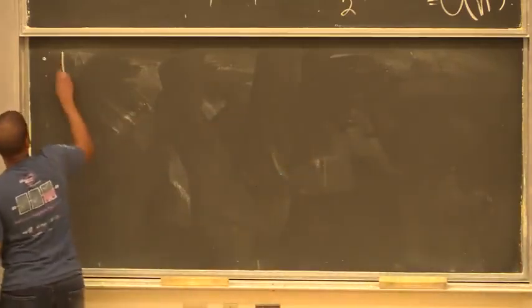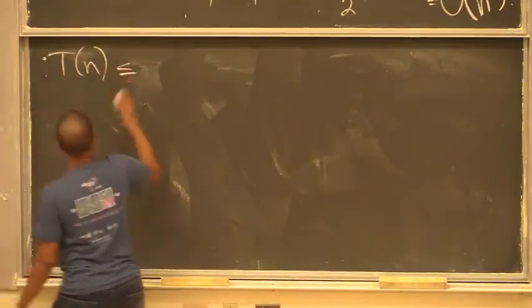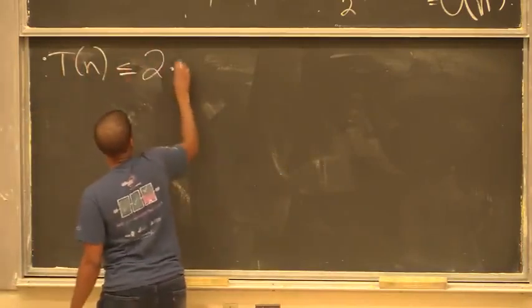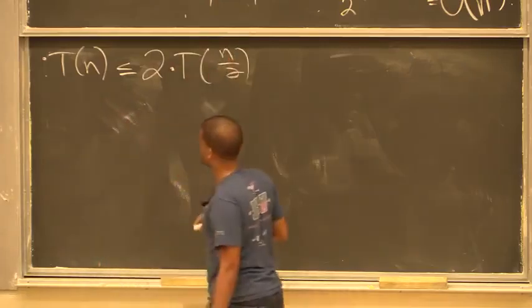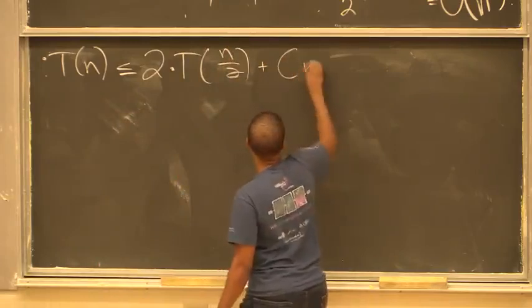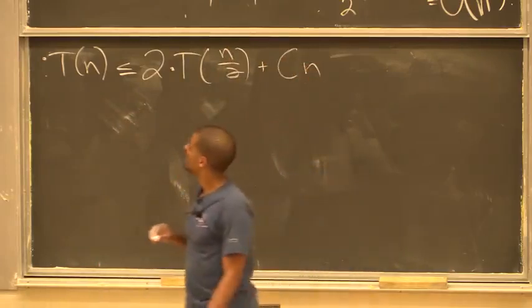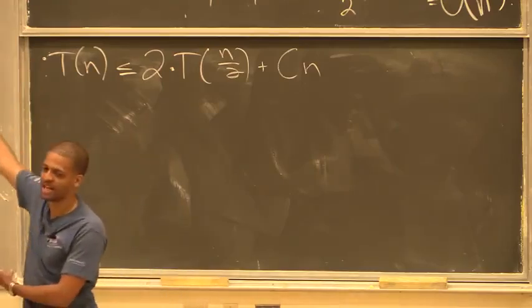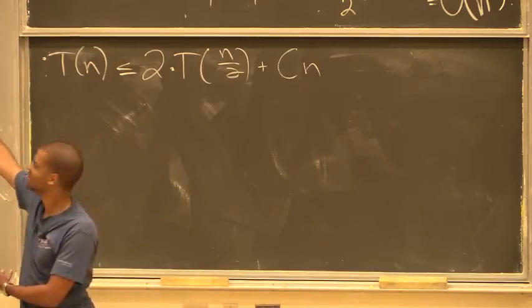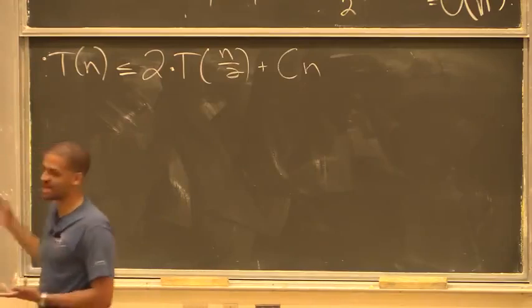So our recurrence is T of n is at most, we're doing 2 recursive merge sorts on arrays of size n over 2, and then we merge them. Merging them just takes Cn time. And again, that fits the master theorem. Is it pink, purple, or yellow? Yeah, we're in the purple category, right?